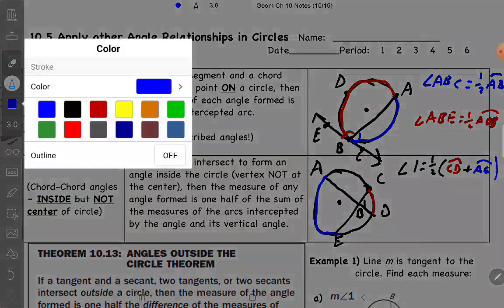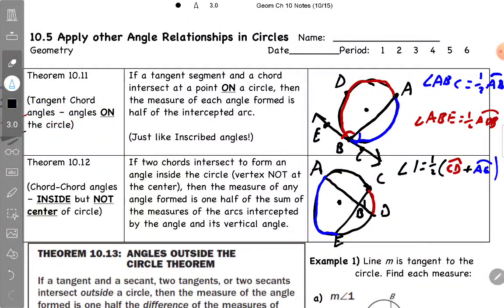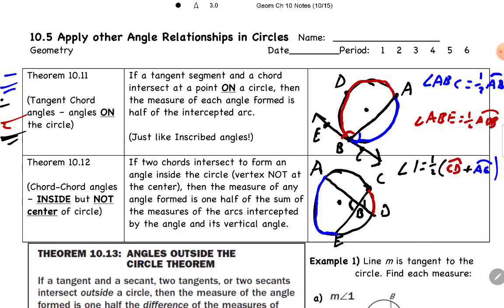These angles would be the same, angle 1 and that one, because those are vertical angles. Angle 2 would be equal to 1/2 of AC, the upper arc, and the lower arc, DE.